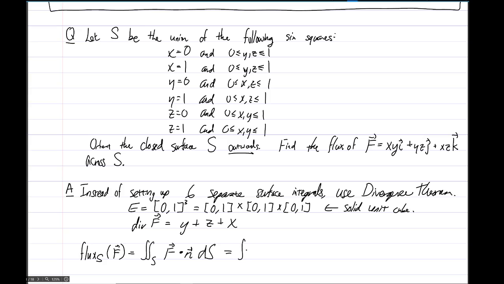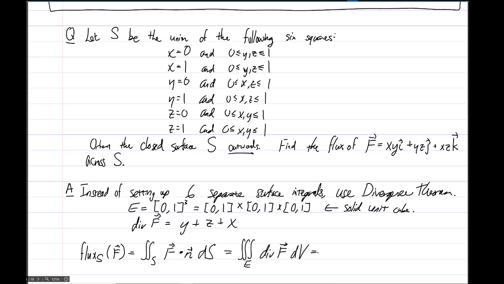Instead, using the divergence theorem, this is going to be super nice. We're just going to have an integral over the solid cube, and we're going to integrate the divergence of F that we just worked out, dV.